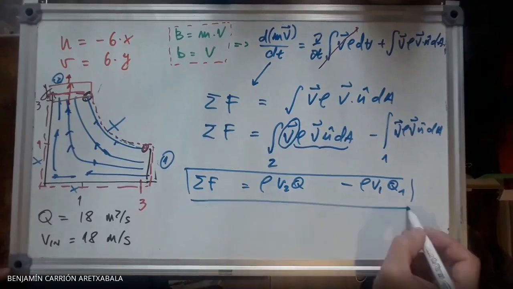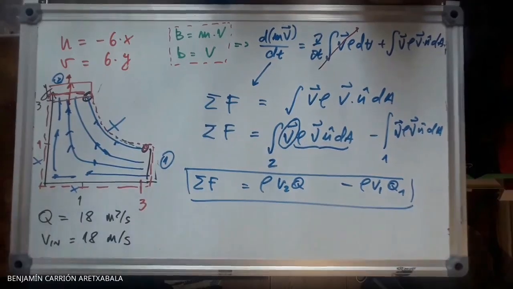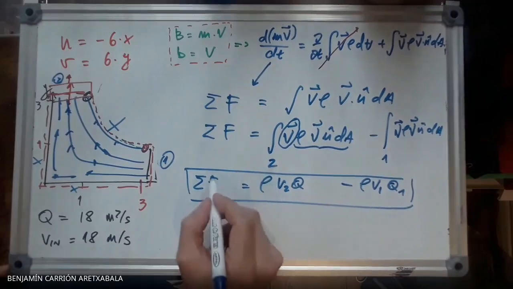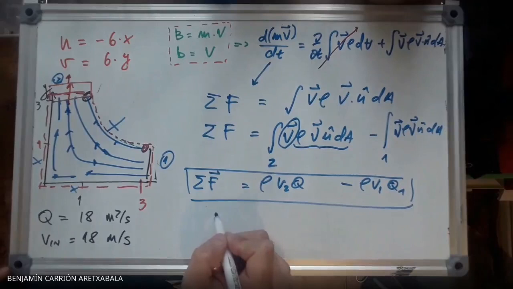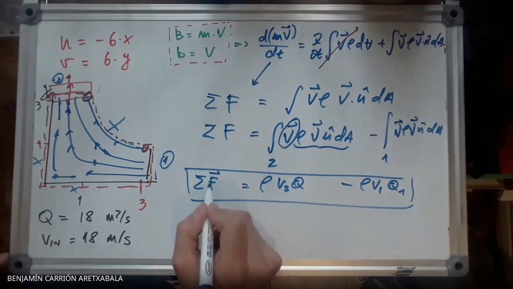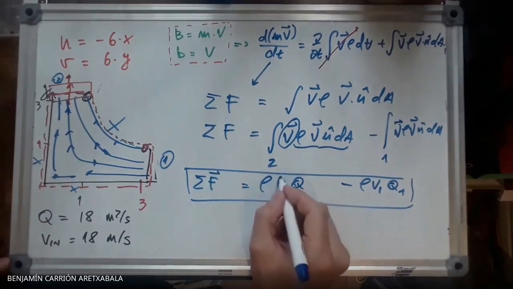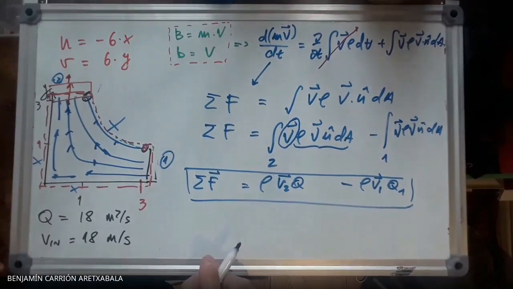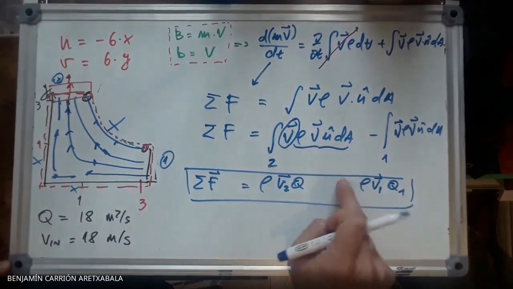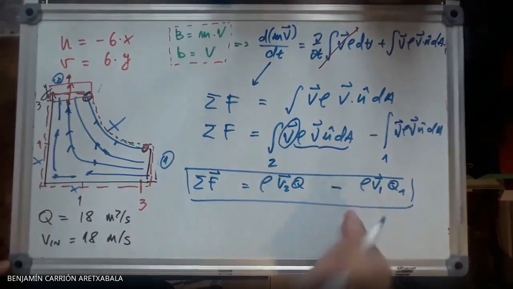And I think this is a really cool equation and a really useful one. Now, keep in mind that this is a vectorial equation. So the forces have direction, and these velocities also have direction, right? Also, in practice, this is really practical.